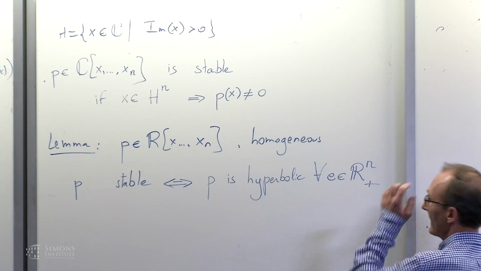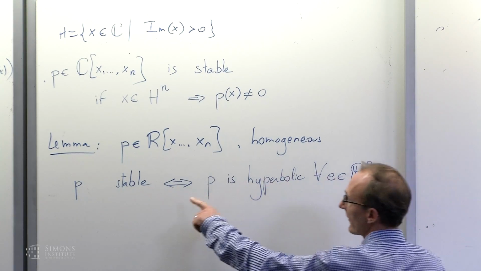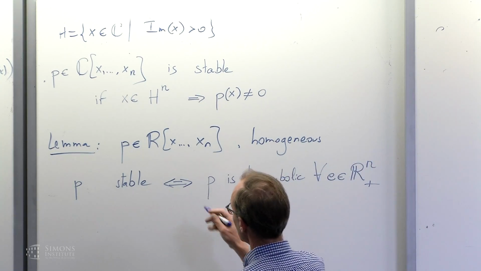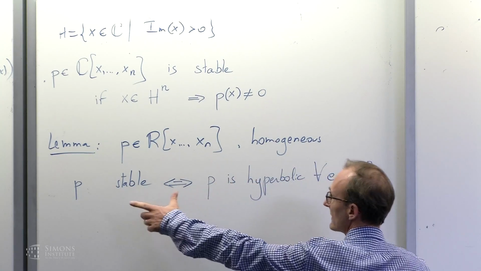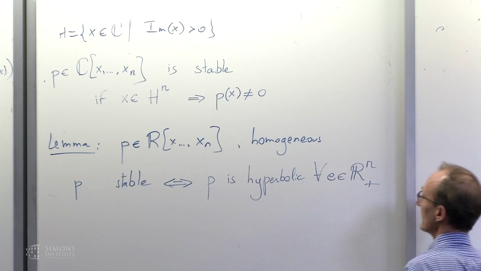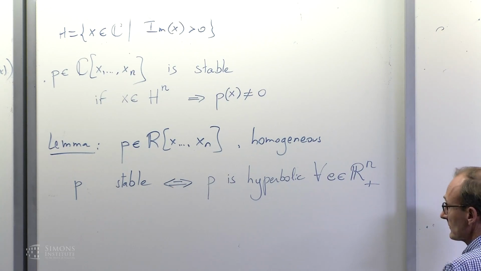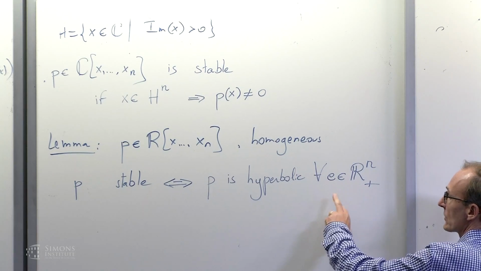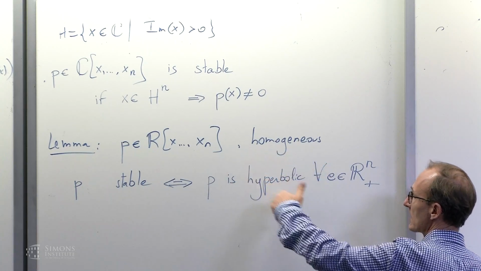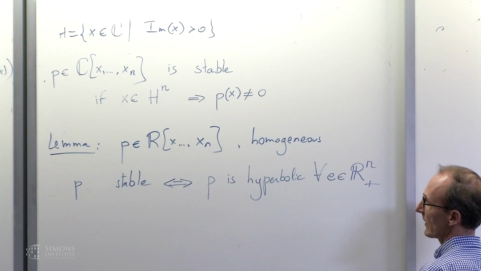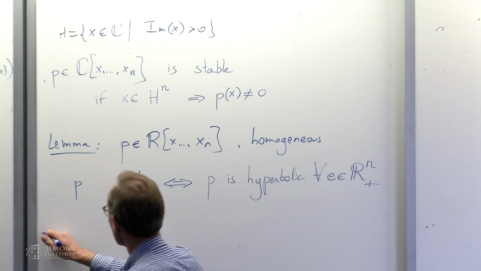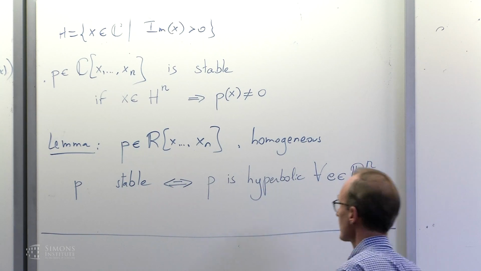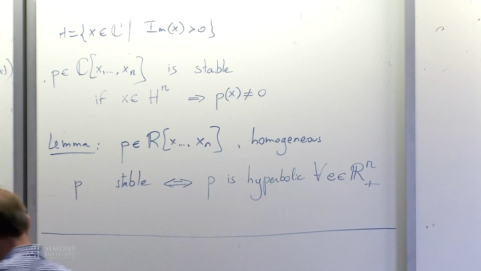That should be a two-minute exercise. You can easily show that if p is stable, then if you take any non-negative direction, it's going to be hyperbolic, and vice versa. So that's one relationship between the notion of stability and hyperbolicity.